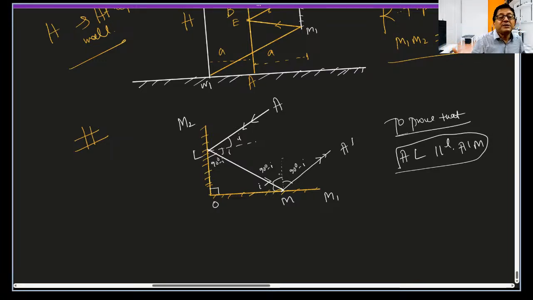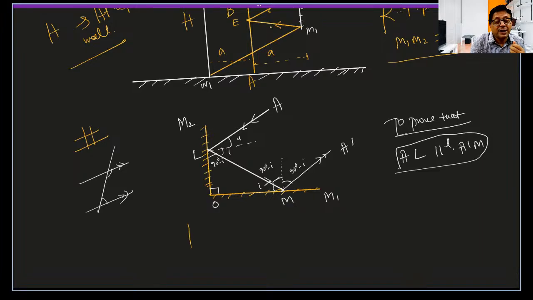This we proved. It's a class 8-9 level geometry. If the sum of two interior angles when a transversal is there, if you can prove that this angle plus this angle equal to 180, then these two must be parallel. So here, by assuming this one I am getting this one 90 minus I, this is 90 minus I. So the proof is done in one step only.